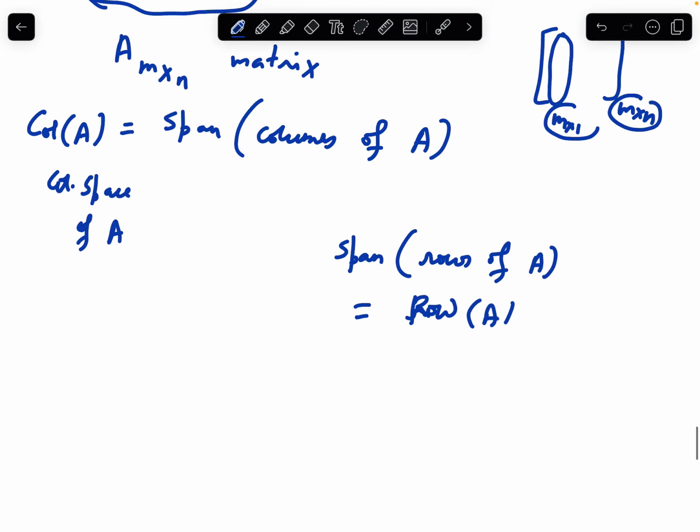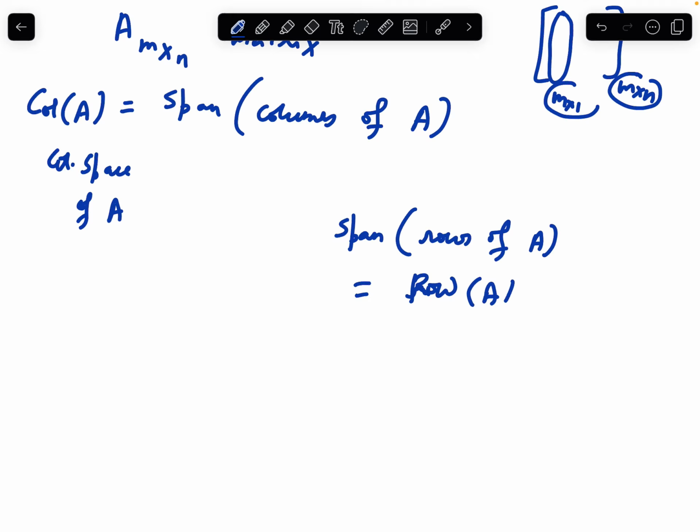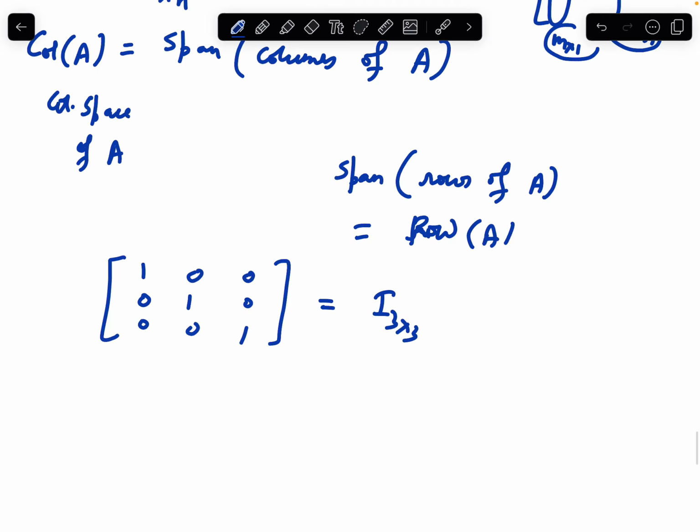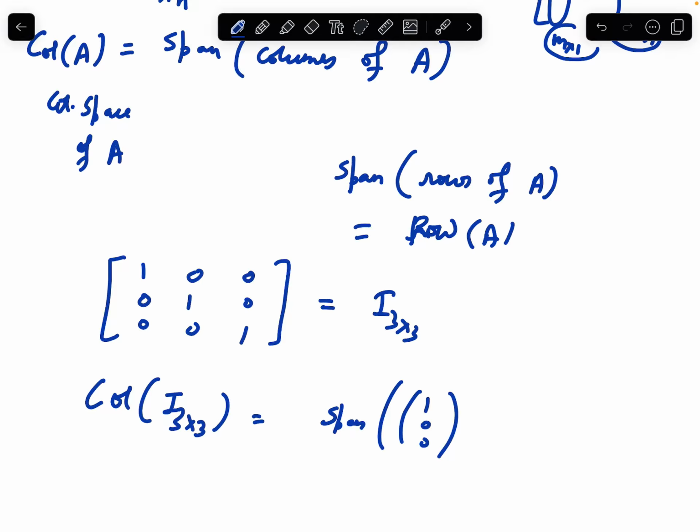Now let's take a look at this matrix. This is a so-called identity matrix. It's a 3 by 3 identity matrix. What is column space of identity matrix? Span of 1 0 0, 0 1 0, 0 0 1.